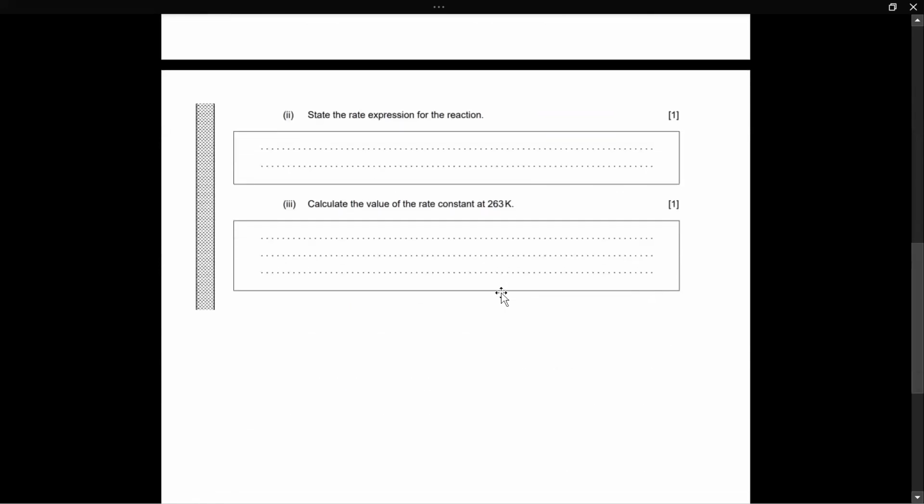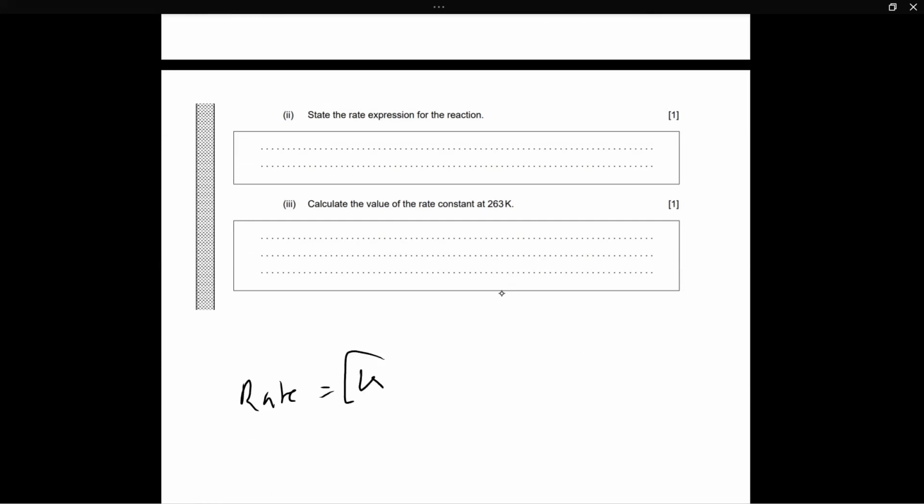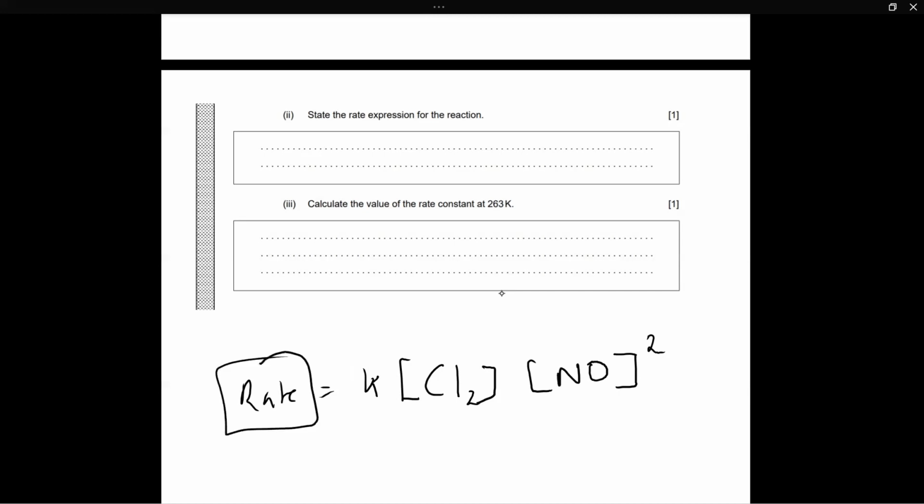Now, state the rate expression for the reaction. This is very simple. The rate expression is just equal to k, which is the rate constant. We don't know what the rate constant is, so we're going to leave it as k for now, times the concentration of chlorine times the concentration of nitric oxide. But since nitric oxide is a second order reaction, as I mentioned above, we put a little square over here because the rate is affected double of what we do to the concentration of nitric oxide.